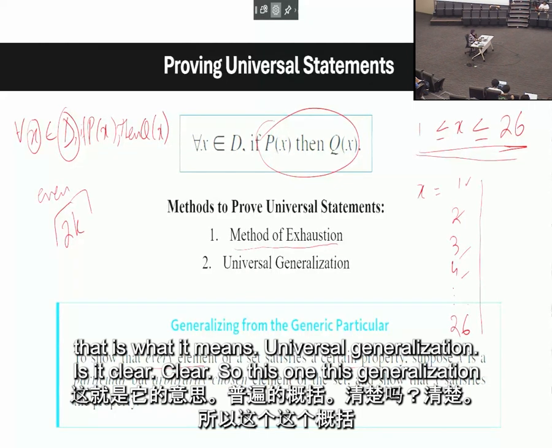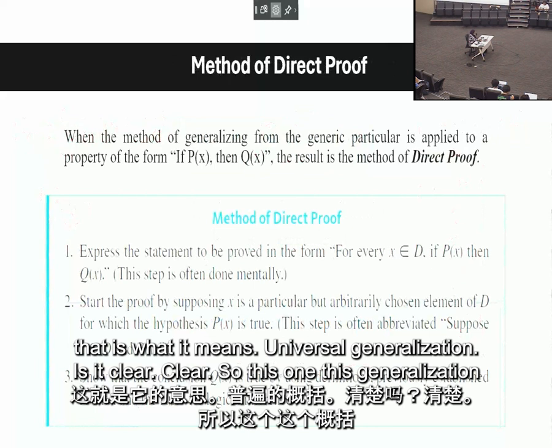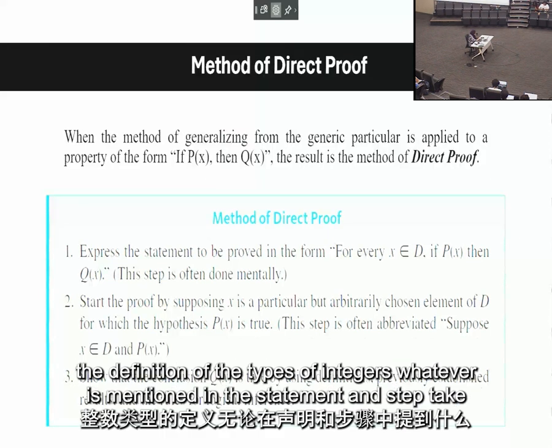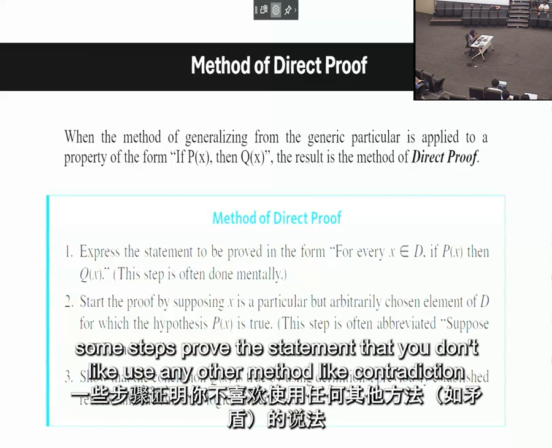Clear? Okay. So this generalization method leads to the method of direct proof. Direct proof simply means you take the definition of the types of integers mentioned in the statement, take some steps, and prove the statement.